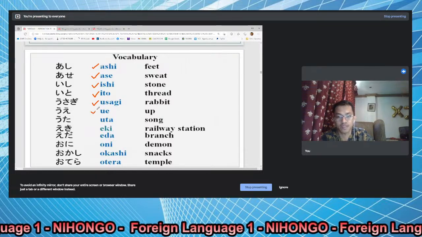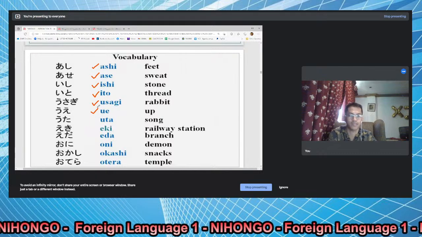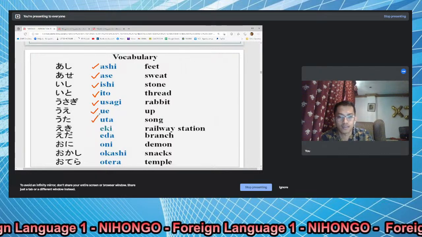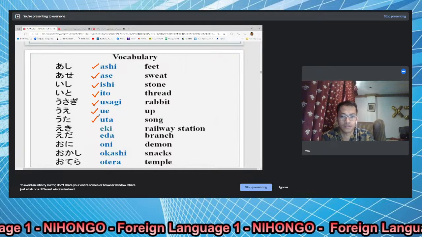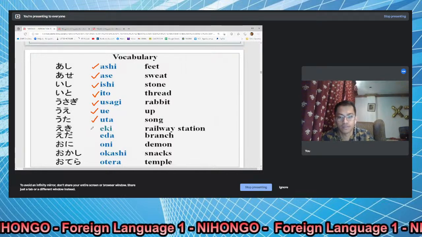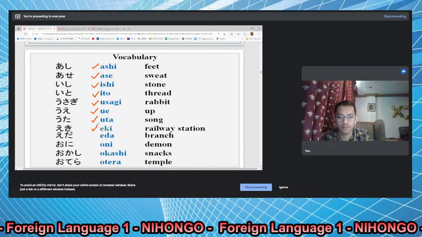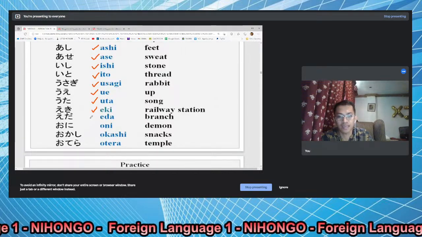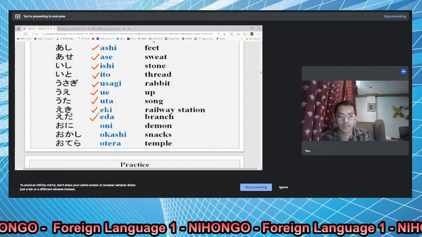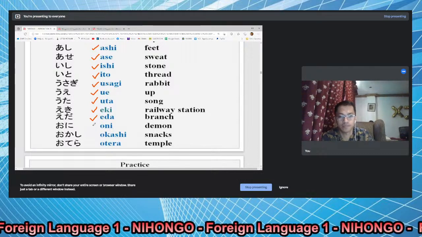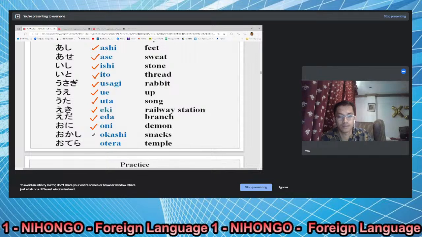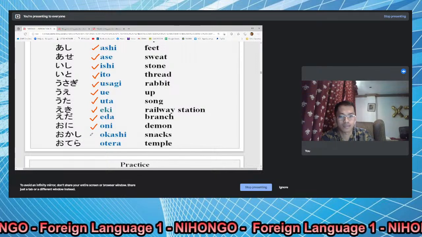This one is already familiar to you. Ue, meaning up. Uta, song. Eki, again, railway station. Eda, branch. Oni, demon. Snacks, okashi.